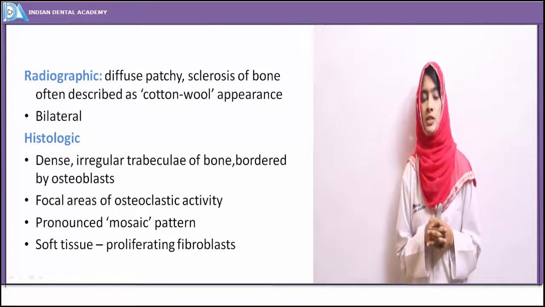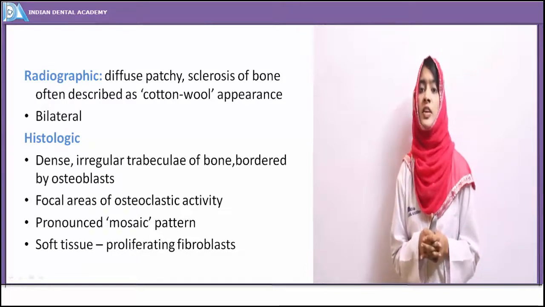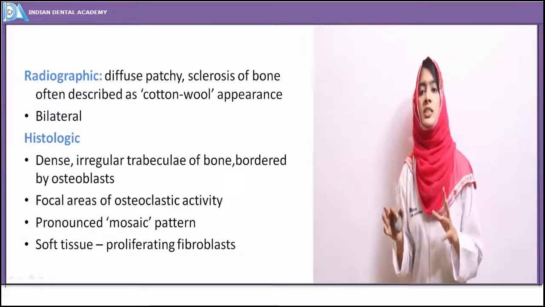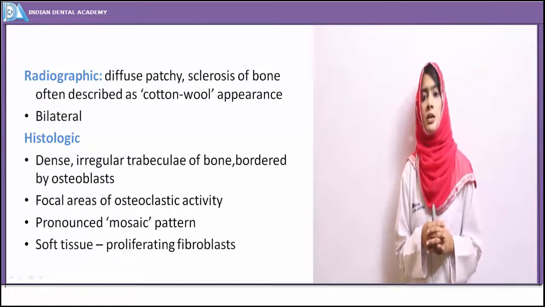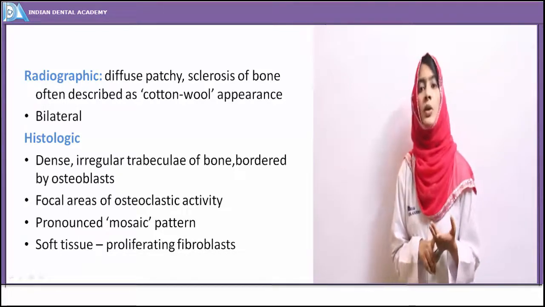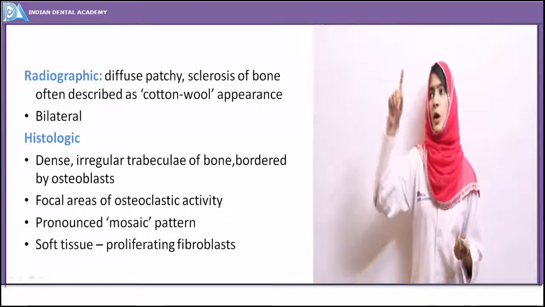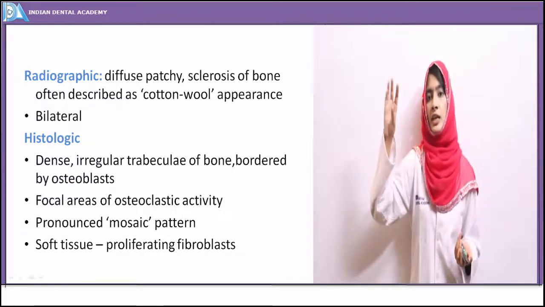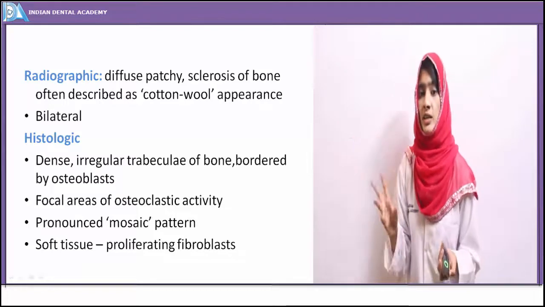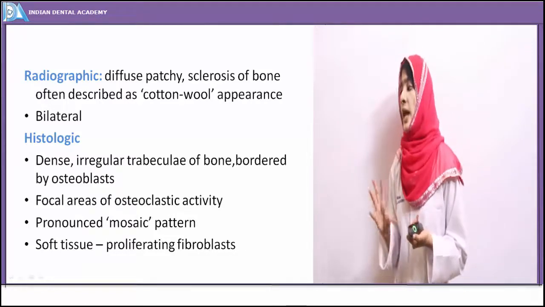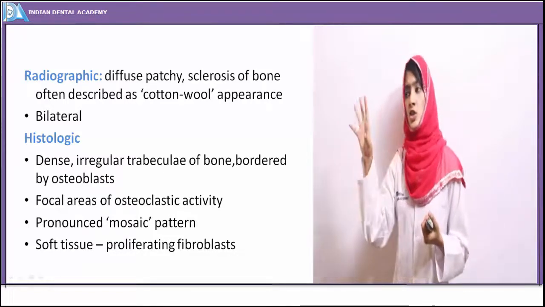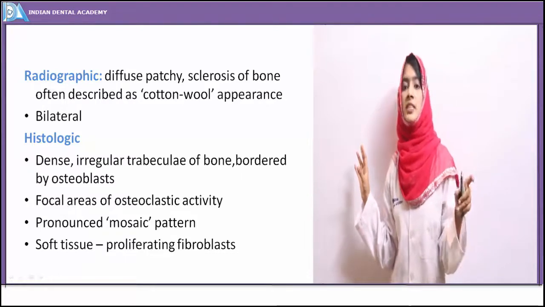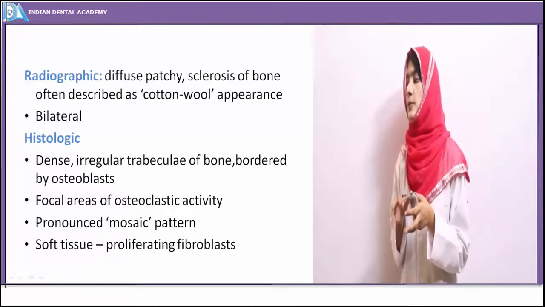If that particular tooth or jaw is affected, both sides of the jaw show this characteristic cotton wool appearance. When you see the microscopic picture, there are dense irregular trabeculae of bone. These irregular trabeculae are bounded by a layer of osteoblasts, showing that deposition of osteoid is occurring. Then some focal areas of osteoclastic activity may be seen along with the osteoblastic activity, thus giving a mosaic pattern appearance.